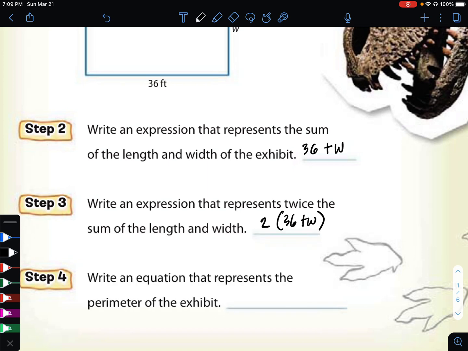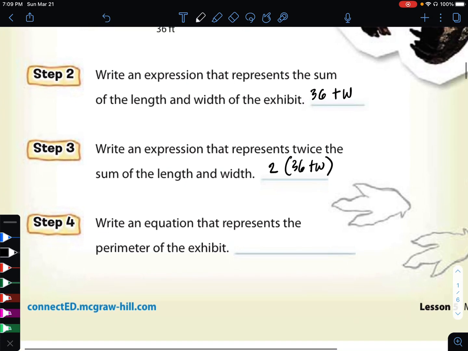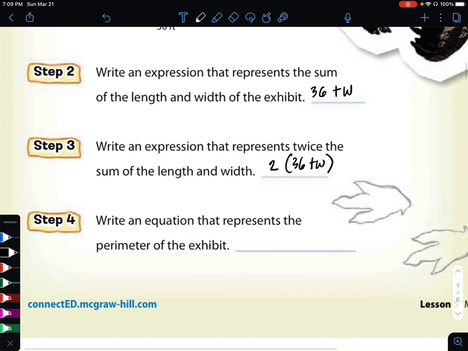Remember what the formula for perimeter is. The perimeter is equal to 2 times the quantity length plus width.